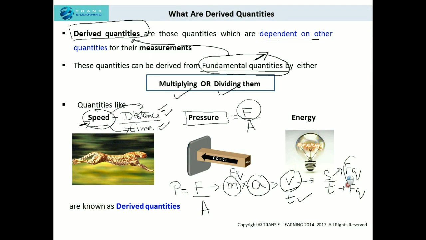So you can see here that we have to go down to the fundamental quantity, and from the fundamental quantities we get these derived quantities. It may end at the first level, or we have to move further and further until we get the fundamental quantity. This is the reason quantities like speed, pressure, and energy are known as derived quantities, because they're dependent on other quantities for their measurement.